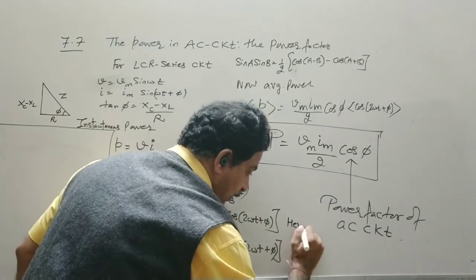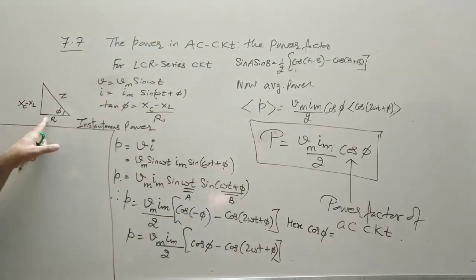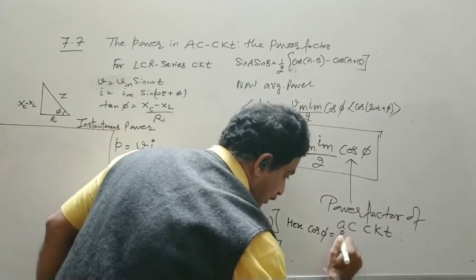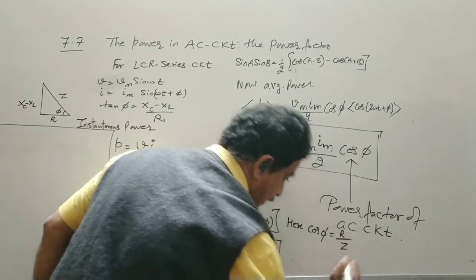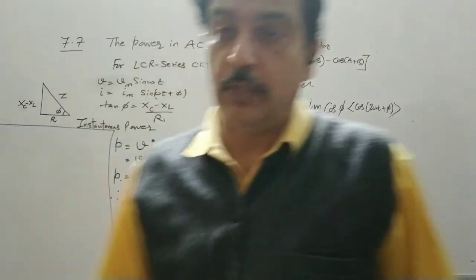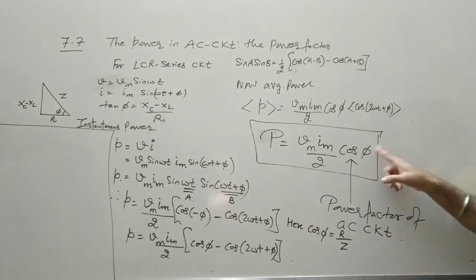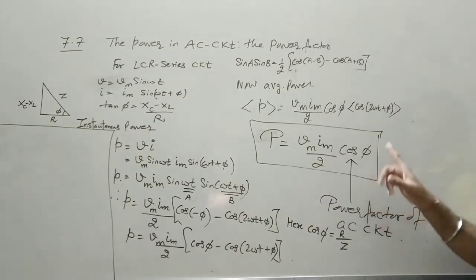Here cos phi is equal to adjacent upon hypotenuse, that is the impedance. The impedance we know is under root R square plus (XC minus XL) whole square. So the cos phi formula becomes R upon Z, which is called the power factor of an AC circuit.